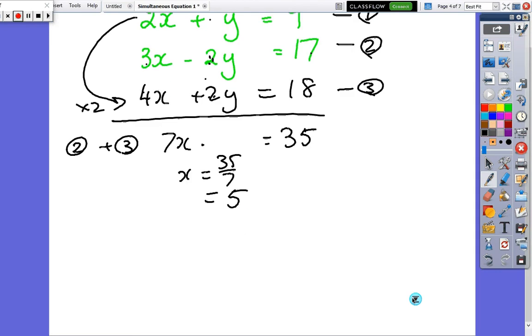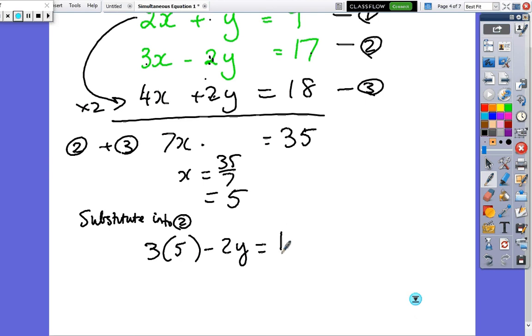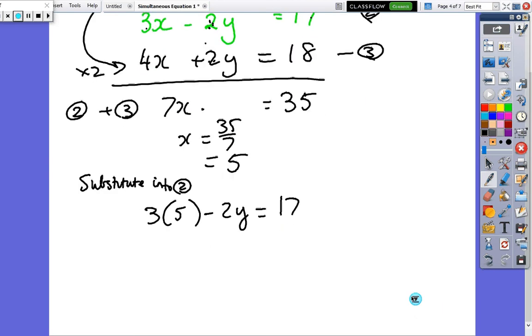So there's our first answer, and then we just substitute that into any of the equations. I'll substitute it into equation 2 this time for a change. So 3 times x minus 2y equals 17. So 15 minus 2y equals 17, minus 2y equals 17 minus 15 equals 2, so y equals minus 1.